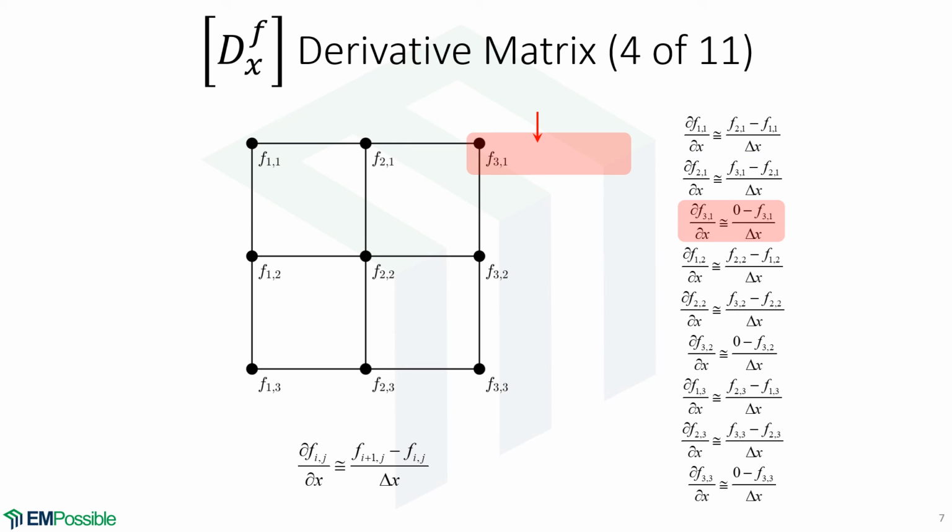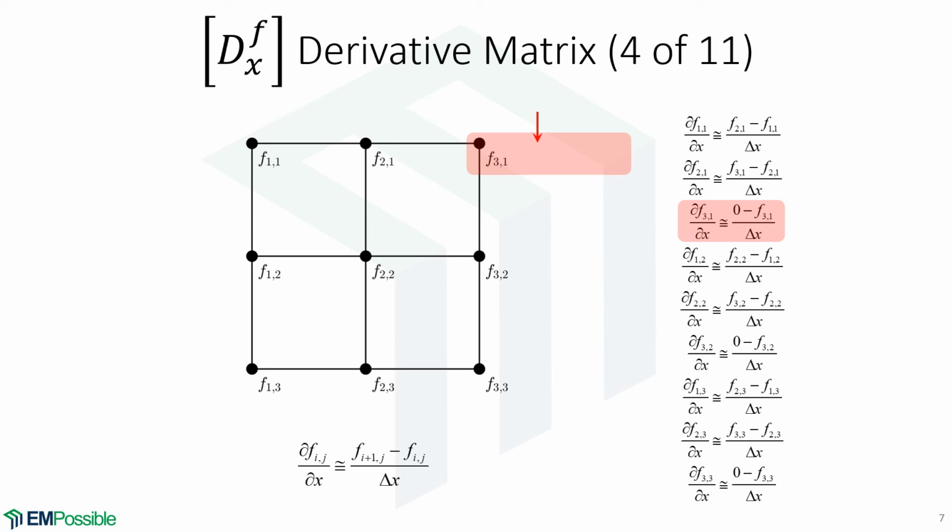Here, we're evaluating a derivative that's from outside of the grid. This means we're going to need a function value from even farther outside of the grid. So it would be this function value from outside the grid minus f31 divided by the spacing between them, which is delta x. Now we don't have this function value from outside of the grid. Here we're going to be applying simple Dirichlet boundary conditions.